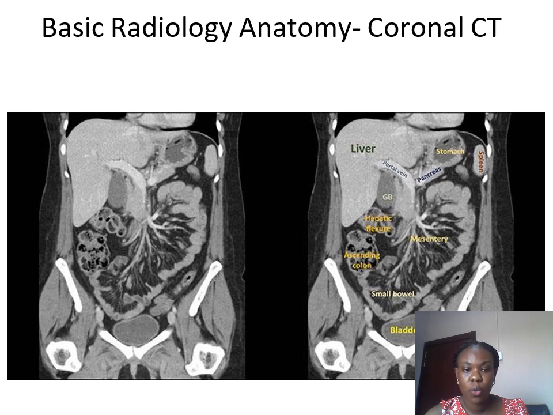So a patient who undergoes abdominal CT, it could also look like this, showing the GIT structures. Here you have the liver, here you have part of the ascending colon, here you have the small intestine, you have the spleen here, you have the stomach here, you have the pancreas and some other structures.